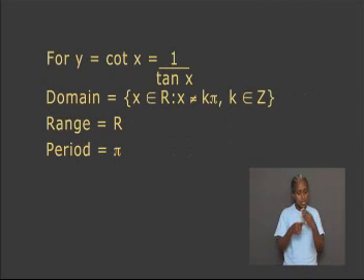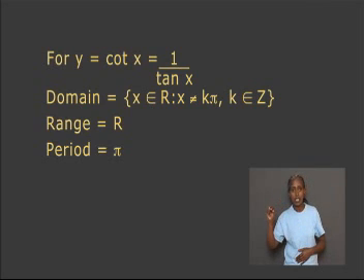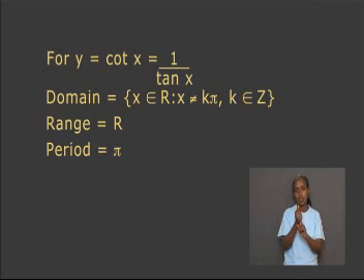Since the cotangent function is the reciprocal of the tangent function, the domain must include values of tangent x that do not equal 0. For the cotangent function, the domain is all real numbers, excluding integral multiples of pi.